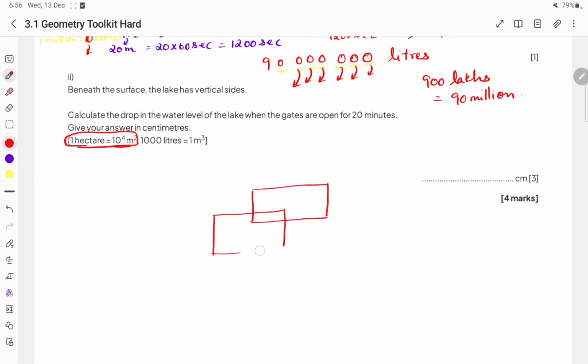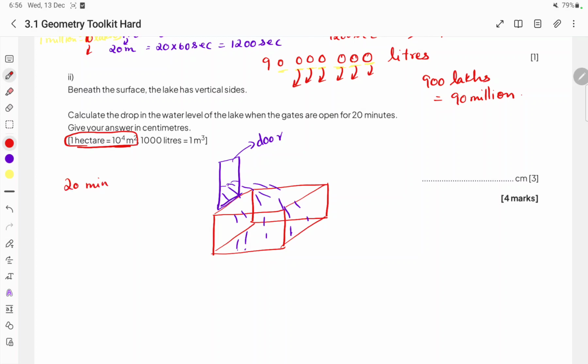This is the dam we have, and on top you have the door. You can imagine this as some door. From this only water is flowing like this. So now it is flowing for 20 minutes.